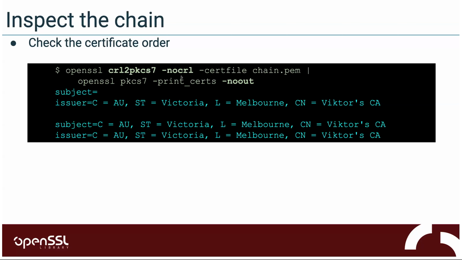But it's a way of packaging up a certificate chain into one ASN.1 object. So this command can be told, you know what, don't read a CRL, read a bunch of certificates instead, but output them as a single object. Then we can pipe that to OpenSSL PKCS7, which can interpret that object and print all of the certificates in one go. Unlike the X.509 command in OpenSSL, which reads only the first certificate in a PEM file, OpenSSL PKCS7 will read all of the certificates.